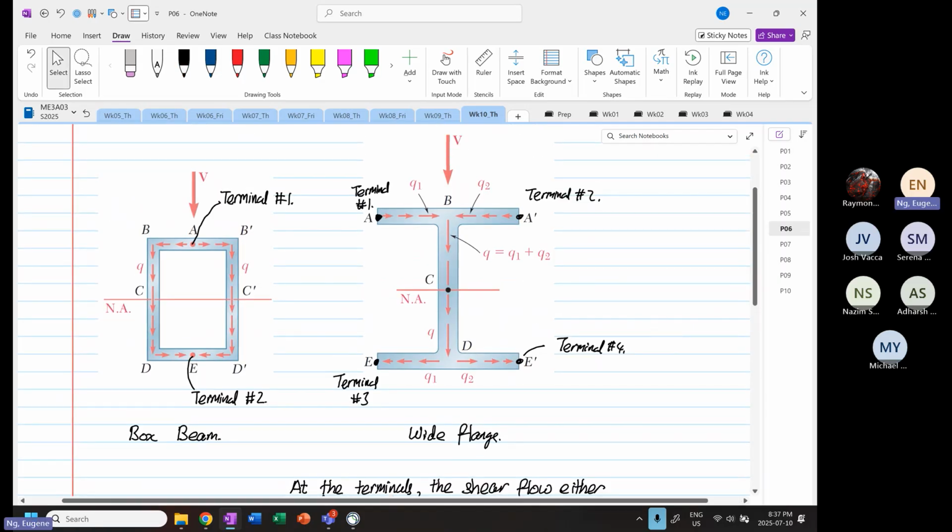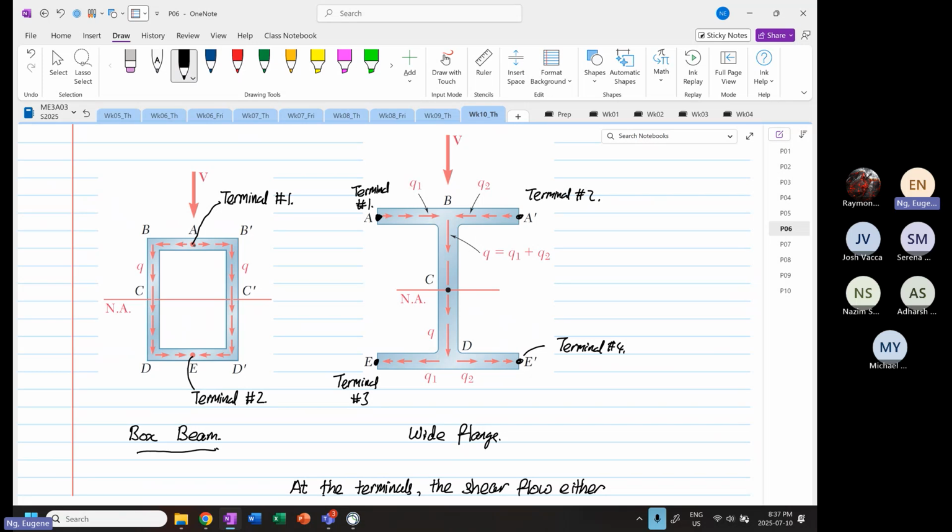That's why for the box beam, at point A, this terminal is the start. Terminal 2 is the end. For the wide flange, terminals A and A prime are the start. E and E prime are the ends. Can you see that?